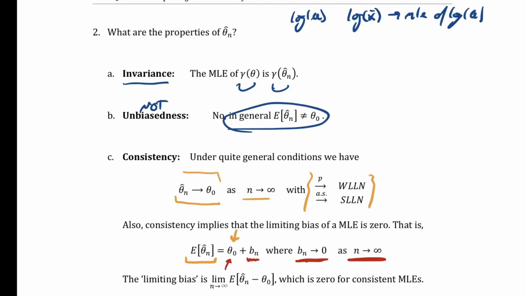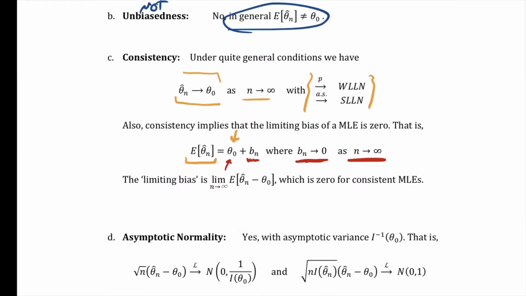One way to imagine this is we talked about these convergence things here. So imagine that this is theta naught, and I'm estimating theta naught with a biased estimator. My biased estimator may have a little bit of a positive bias, but the positive bias may go away. So I may get something that looks like this.